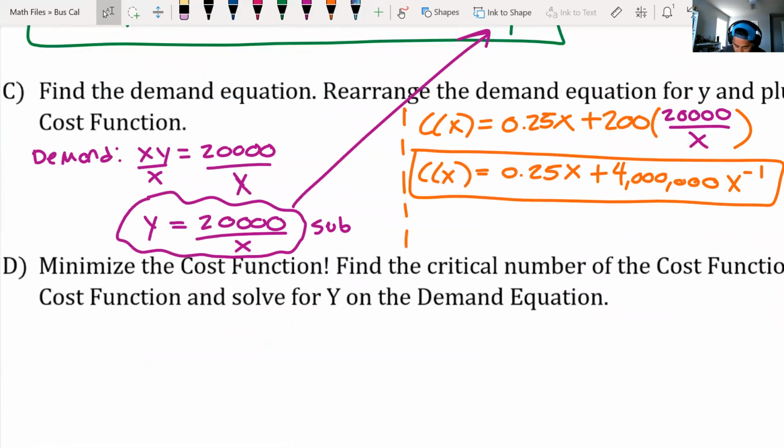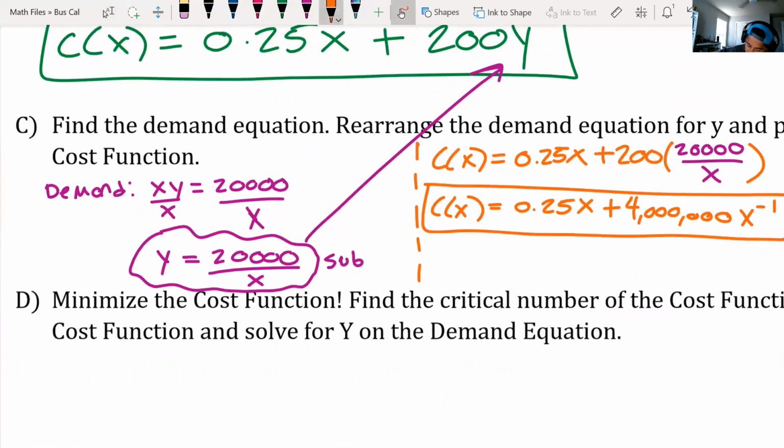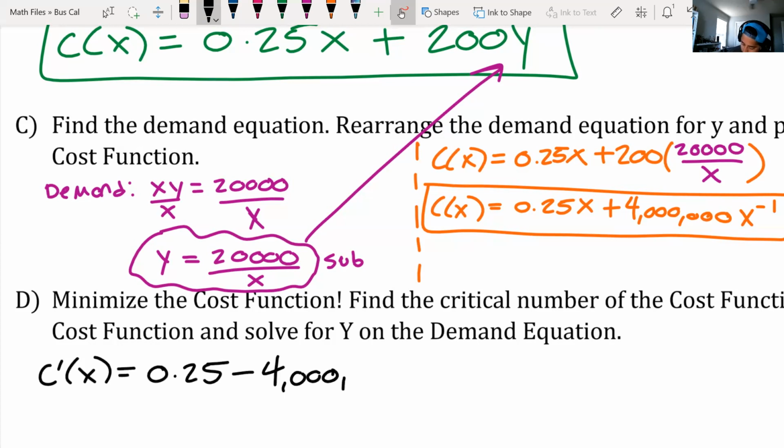Zoom, there we go. All right. I think that's perfect. So we'll take that derivative. C prime of x is going to be 0.25 minus 4 million x to the negative 2.